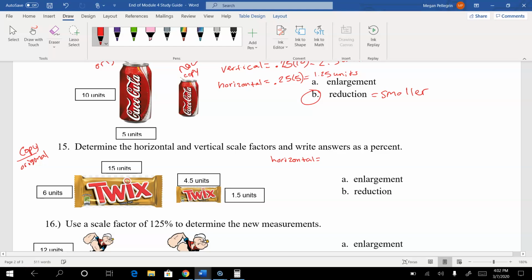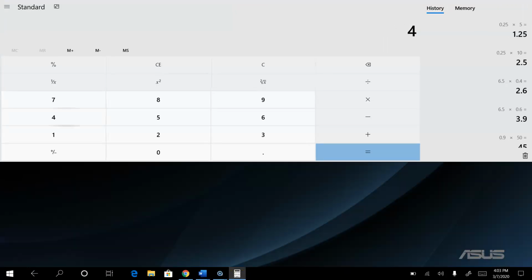We heard copy toppy to remember that. Okay, we can see it's getting smaller, so it is a reduction. So that tells me my smaller number should go at the top. So 4.5 is the horizontal and 15. So 4.5 over 15. So 4.5 divided by 15 equals 0.3.